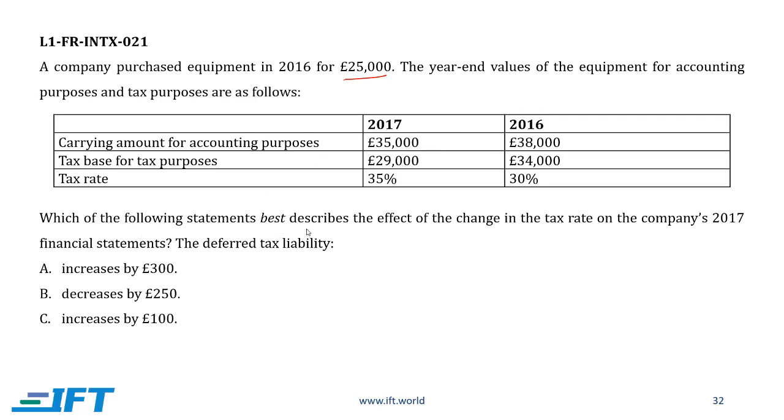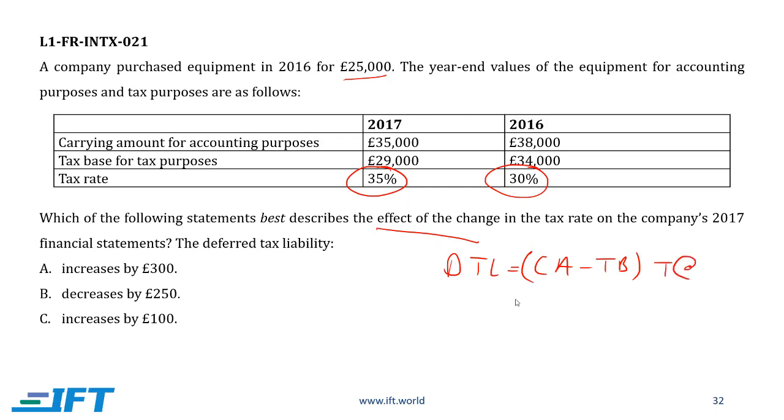Which of the following statements best describes the effect of the change in the tax rate on the company's 2017 financial statement? So your tax rate was 30% and over here it is higher. So the tax rate has increased. So deferred tax liability is what? Carrying amount minus tax base multiplied by tax rate.